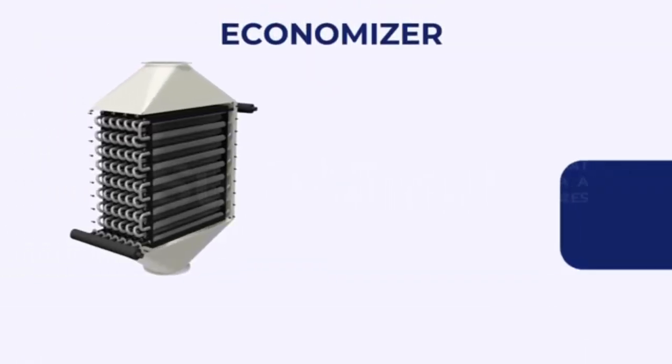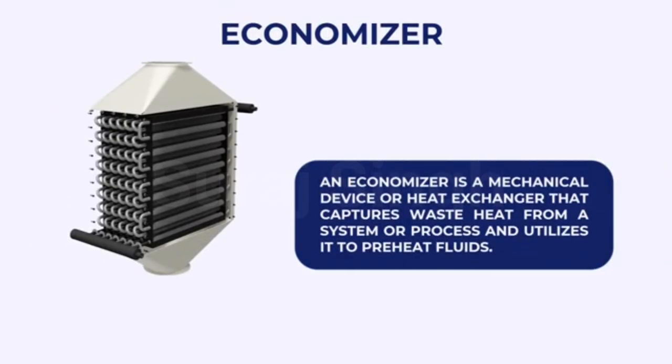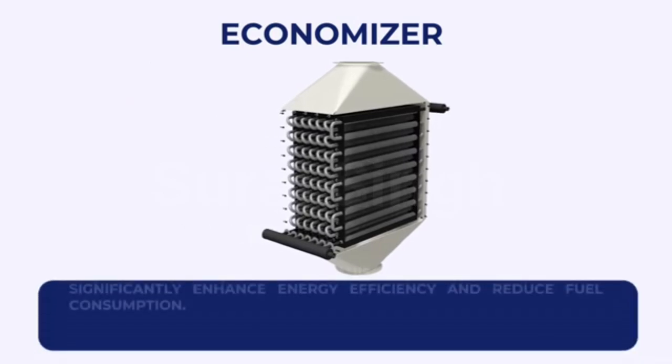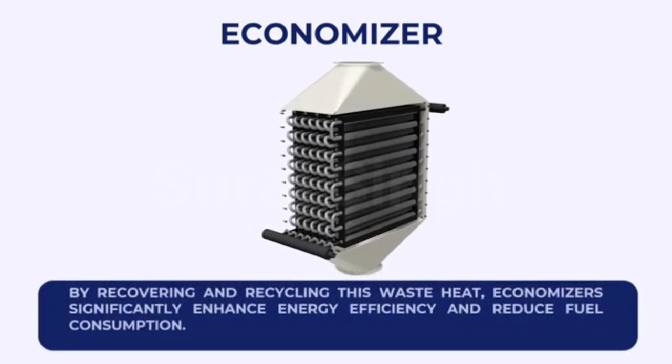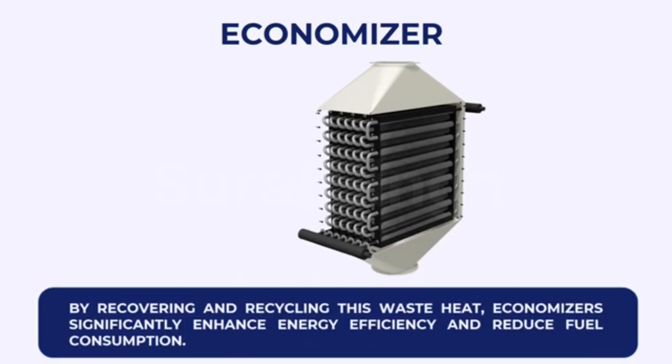Economizer. An economizer is a mechanical device or heat exchanger that captures waste heat from a system or process and utilizes it to preheat fluids, typically air or water, entering the system. By recovering and recycling this waste heat, economizers significantly enhance energy efficiency and reduce fuel consumption.